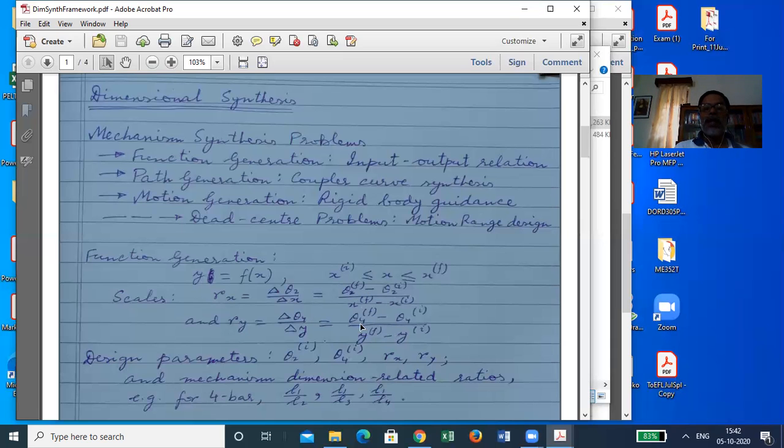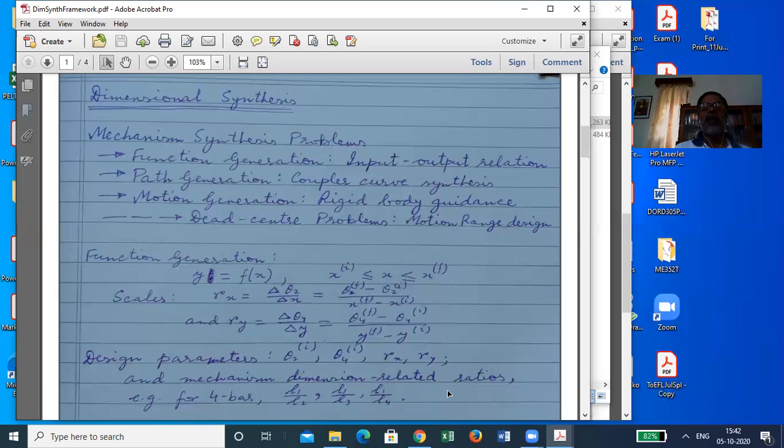So these four are the design parameters. Or alternatively, you could have said theta 2i, theta 2f, theta 4i, theta 4f. So these four, and then the actual mechanism dimension related parameters.